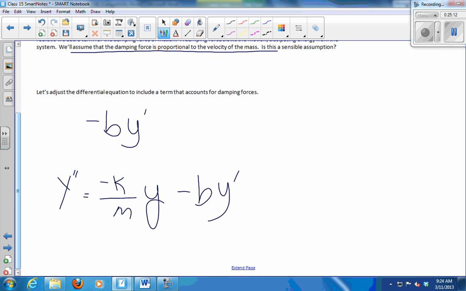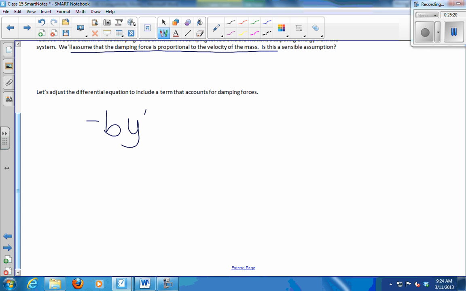Do I have to divide? Yes, I do, because the original equation, when I derived it, was that force equals mass times acceleration. Force was the force of the spring, which we got by saying the force of the spring is proportional to displacement, and acceleration is y double prime.